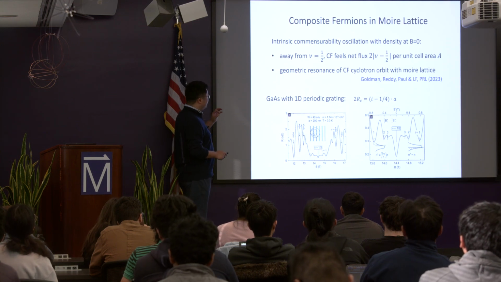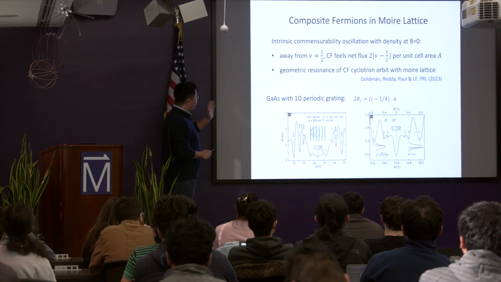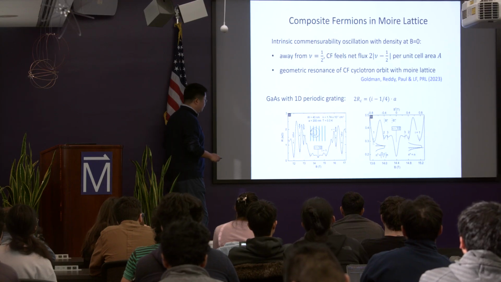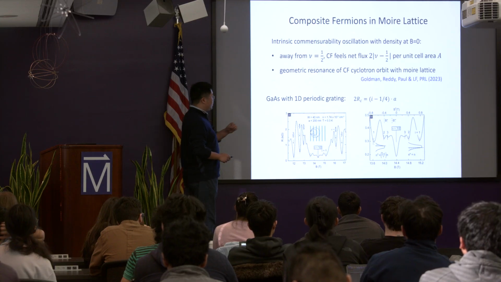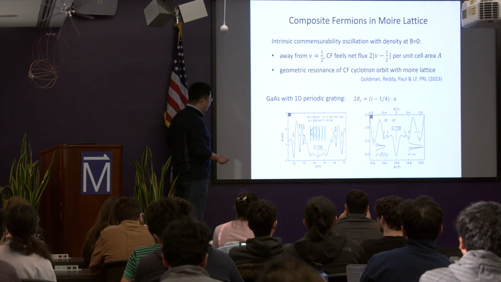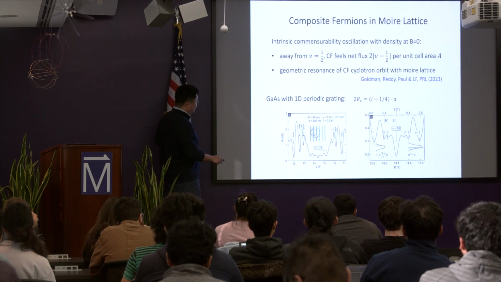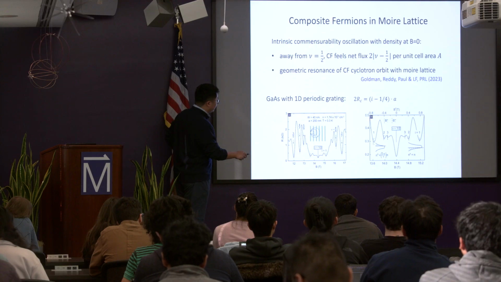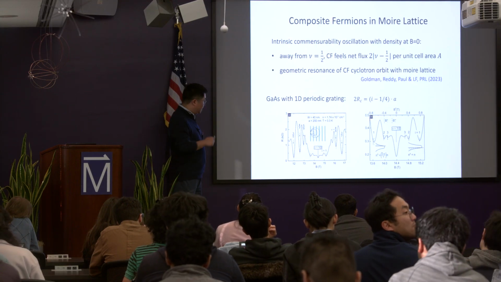The idea is that even though at 1/2 filling the composite fermion sees zero flux, if you move slightly away from half filling, the composite fermion will see a small magnetic field, which will drive cyclotron motion. If the cyclotron radius is commensurate with some external periodic structure, then the resistivity will show oscillations.